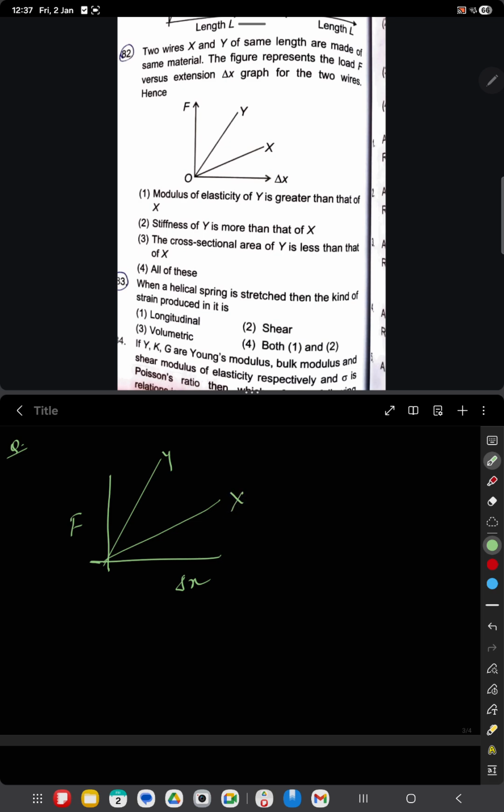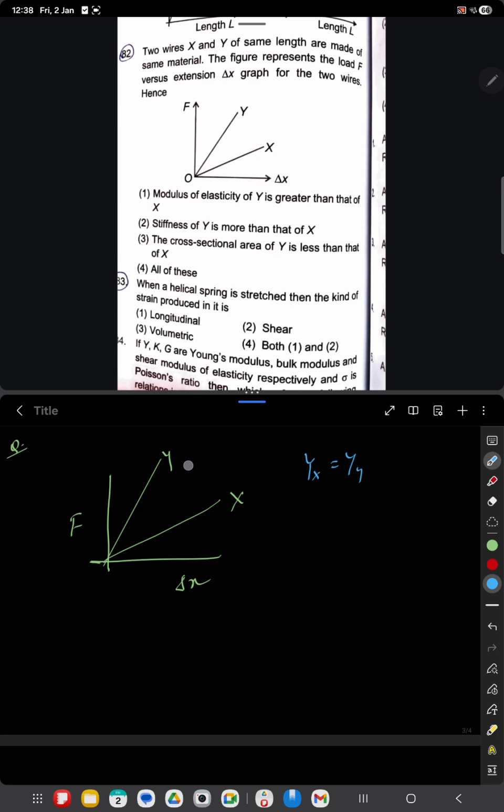But they are of same material as given in the question. Two wires x and y, same length and same material. So Young's modulus of x and y will be same because of same material. Now for option 3, the cross sectional area, F is equal to k delta x.